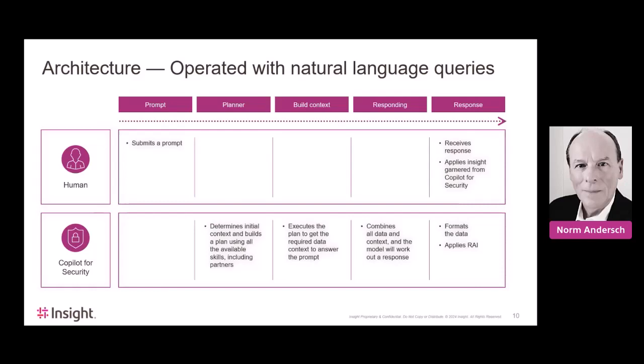It moves on to responding, where it combines the context and the data and works out what that response might be. Before it presents that to the user, it sends it over at the last step where the data is formatted. It applies responsible AI to make sure that the response is within the acceptable range of valid responses, and then it ultimately gets passed back to the responder.